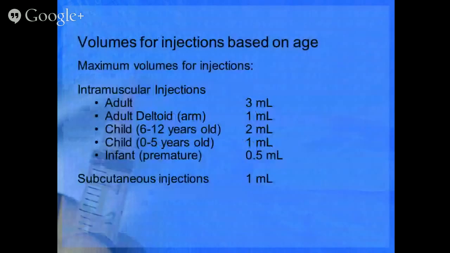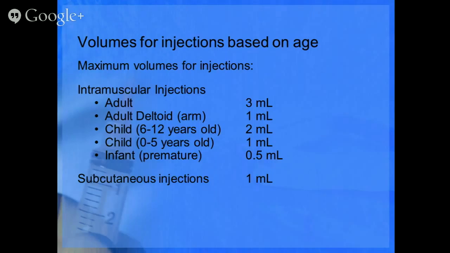When we look at our maximum volumes for injection, if we're doing intramuscular injections for an adult, it should be no more than 3 mLs. An adult arm should be 1 ml. This is where you guys get your flu shots. This is where we give pneumonia shots.